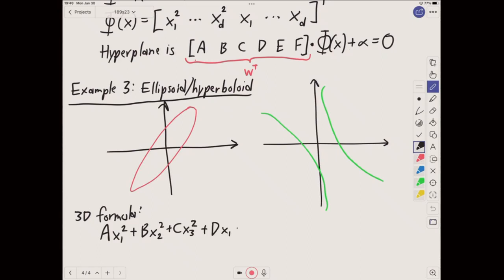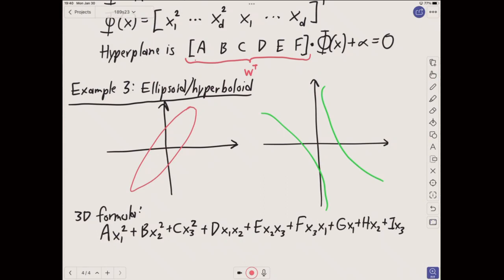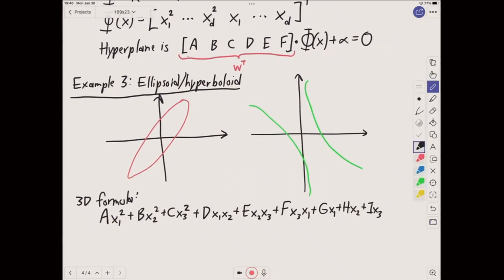So there's an x1, x2 cross term, an x2, x3 cross term, an x3, x1 cross term, and then you need all the linear terms too. So now that is the general equation in three-dimensional space for any general ellipsoid or hyperboloid or conic section.